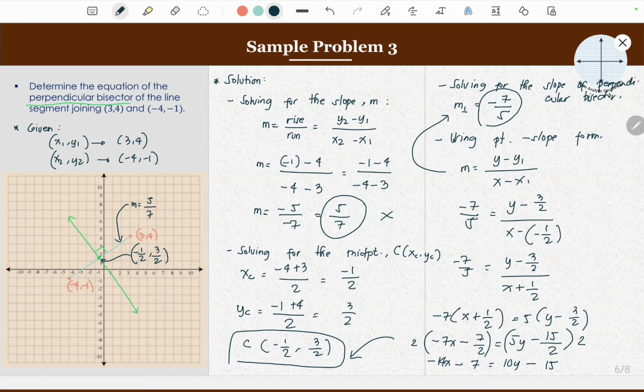Simplifying, let us write it here. This becomes 14x plus 10y minus 8 is equal to 0. So this is the equation of the perpendicular bisector.